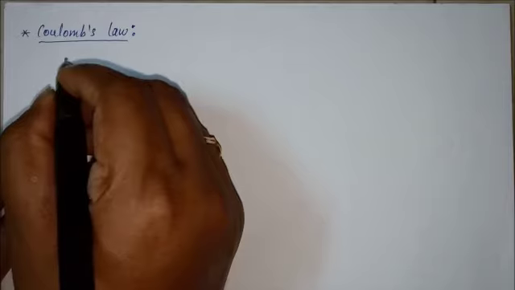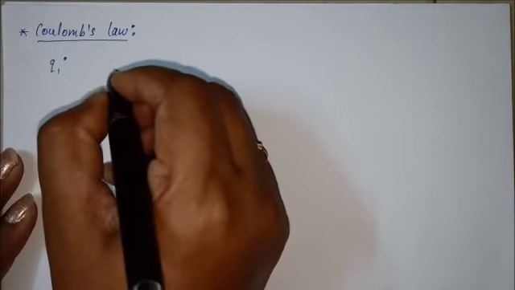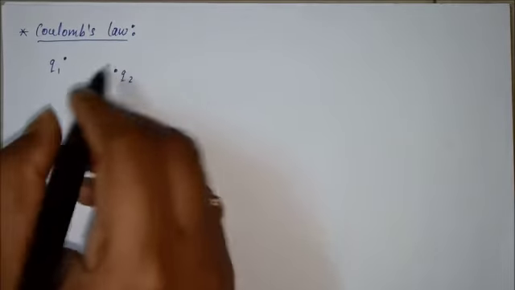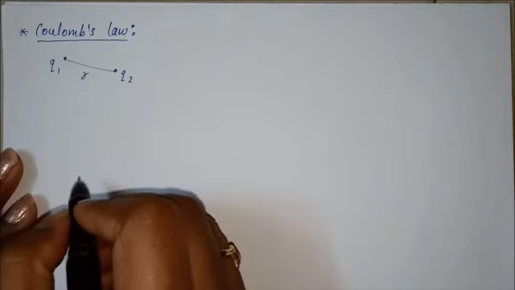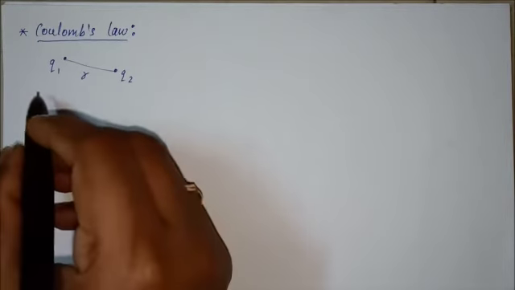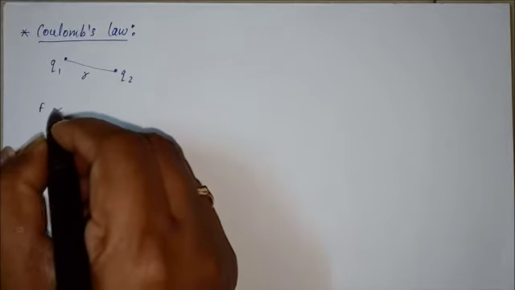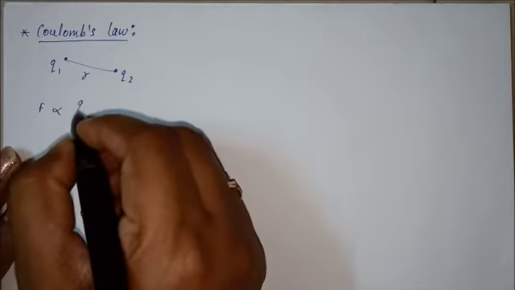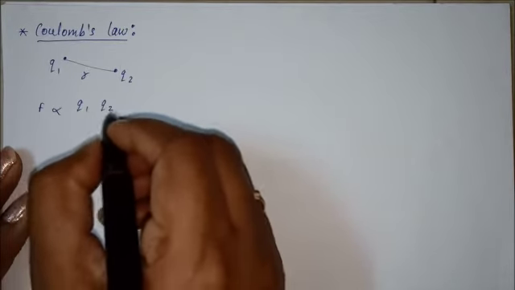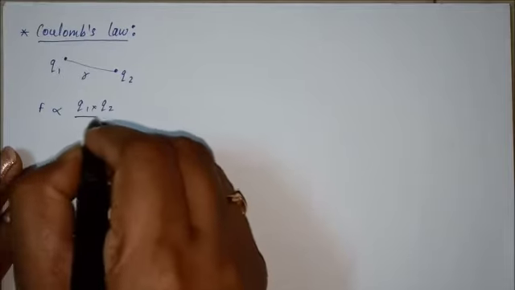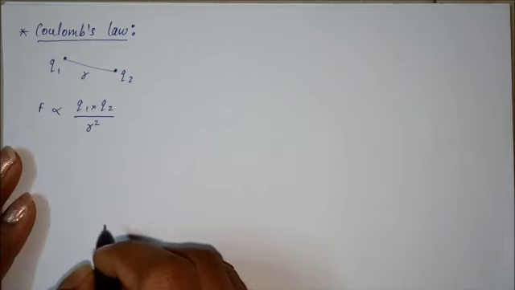Let us take two point charges, let it be q1 and q2. If the distance between them is r, then according to Coulomb's law, the force of interaction between them will be proportional to the product of the charges, that is q1 into q2, and inversely proportional to the square of the distance between them.